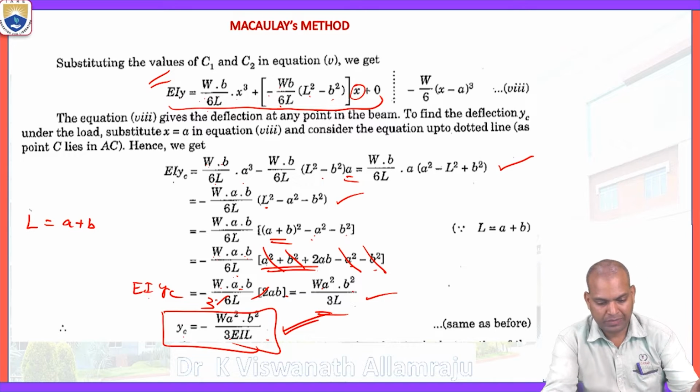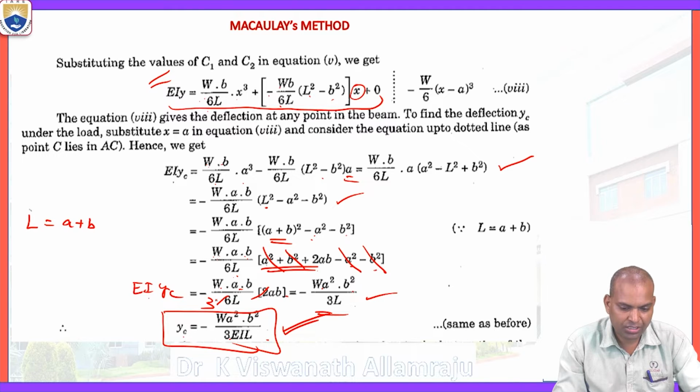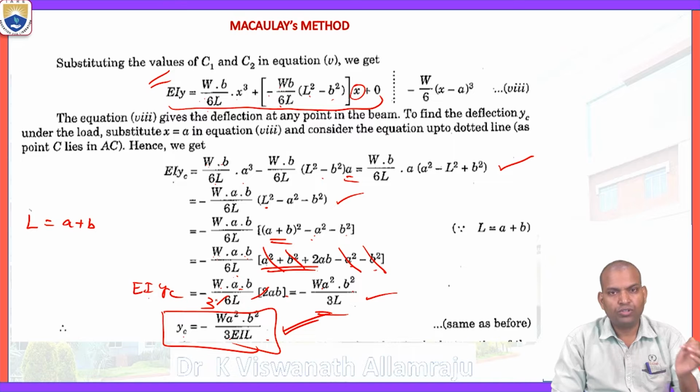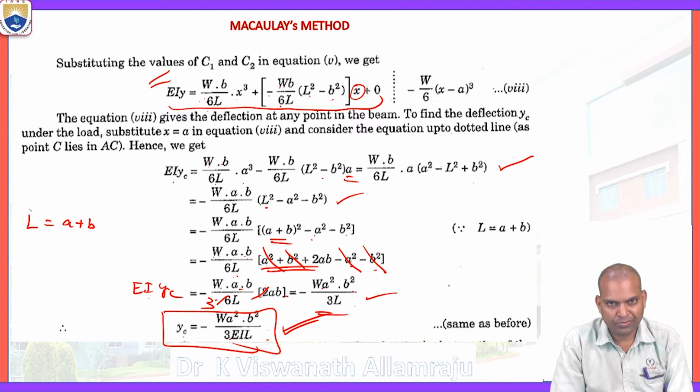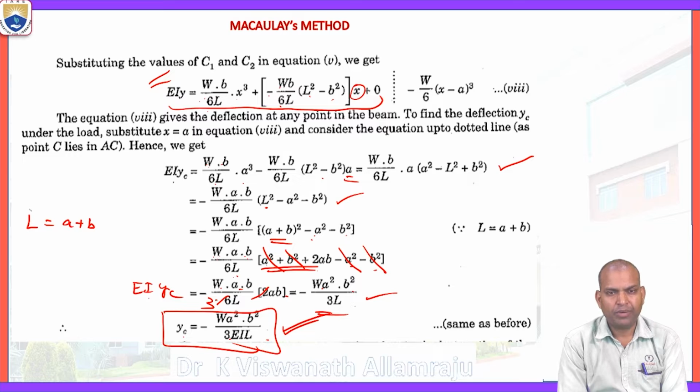Now we have a question: what is the difference between the Macaulay method and the double integration method? Here in the Macaulay method, we also use double integration, two times integration. But whereas in the double integration method, there are no partitions.